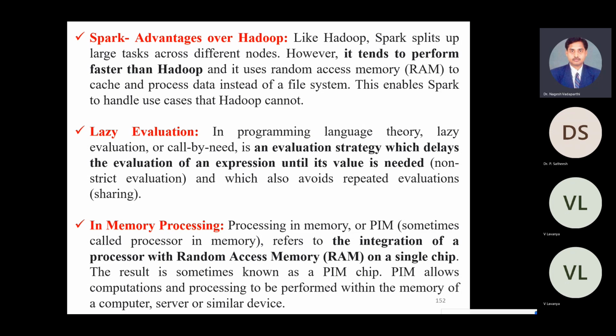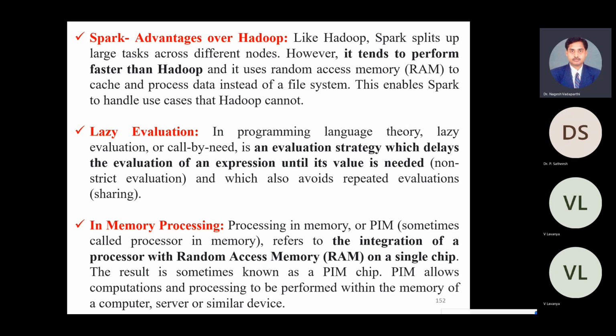The major components of Hadoop are HDFS and MapReduce. Like Hadoop, Spark splits up large tasks across different nodes. With the help of the Hadoop distributed file system, the file is taken as input to the system, divided into a number of chunks, and each chunk goes to each node.